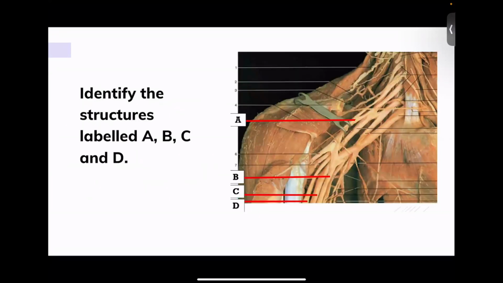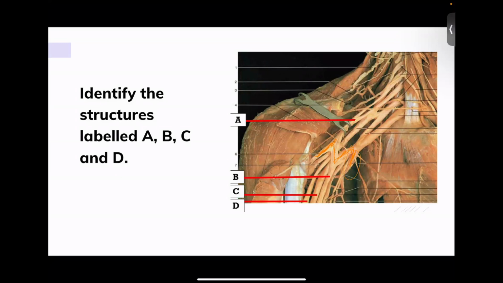Okay, so identify the structures like A, B, C, D. First, let's identify the most important thing in this image, which is M. So here it is. Here's the Mercedes sign, whatever you want to call it. Here's your M. Now, this time, this side is medial. This circle is now the medial part. So that would be the ulnar area.